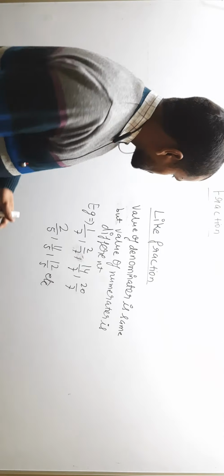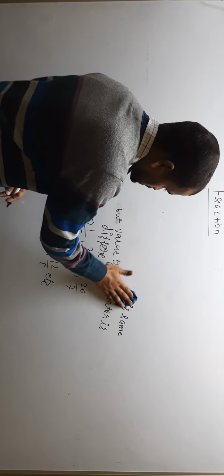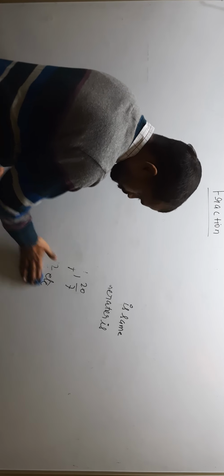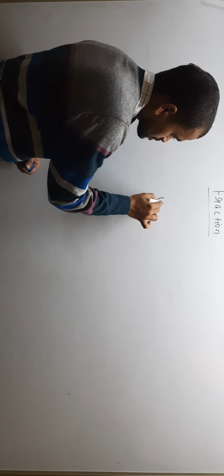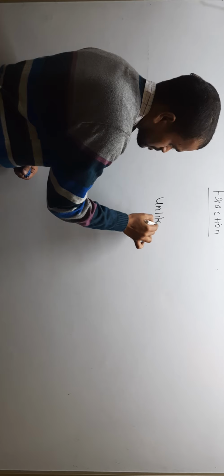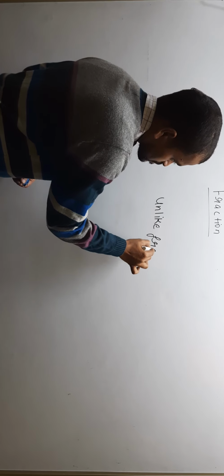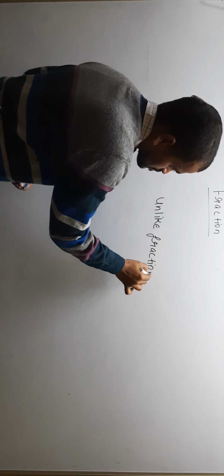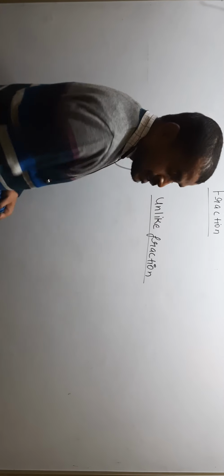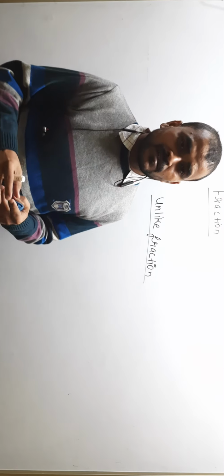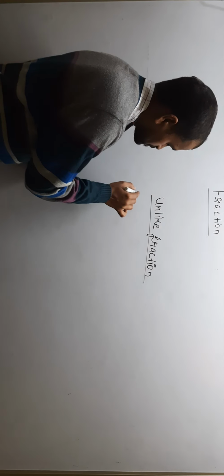Now come to the next fraction, that is called the unlike fraction. In unlike fraction, the value of both numerator and denominator is different. See here, unlike fraction. In unlike fraction, the value of numerator and denominator, both values are different.